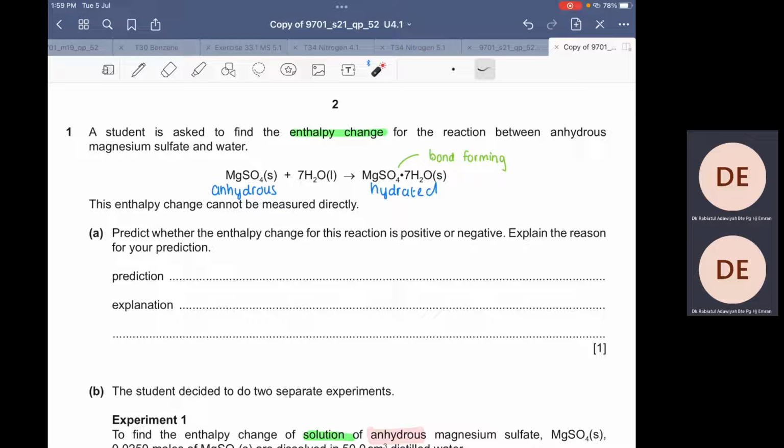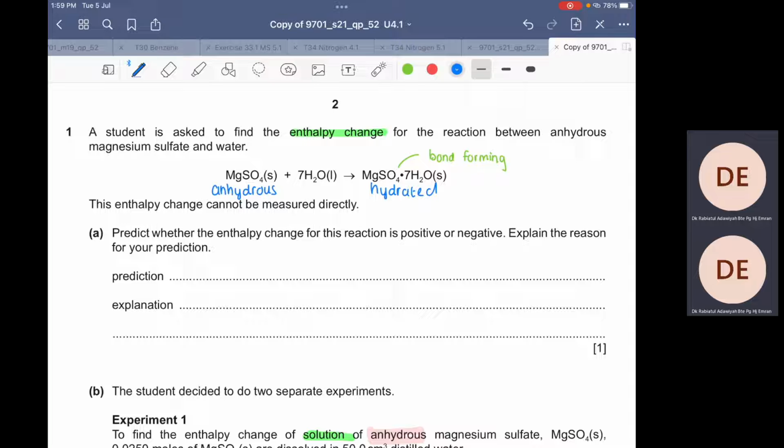Okay. So what's happening here is that the 7 molecules of water will now be locked around the magnesium sulfate. Okay, so that looks like a bond formation to me, right? It's not straightforward, but I can tell you the explanation to why this reaction is exothermic.